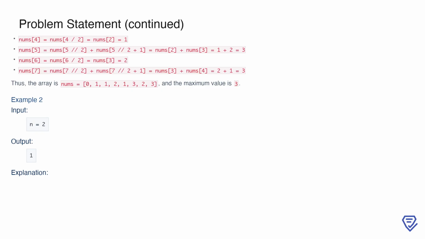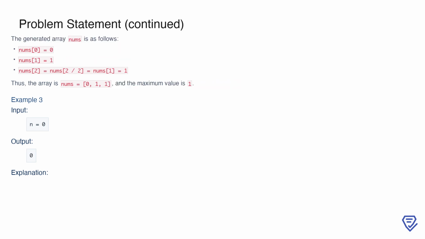The resulting array is nums equals 0, 1, 1, 2, 1, 3, 2, 3, and the maximum value in this array is 3. Now, consider the second example, where n equals 2. Here, the task is to generate the array nums for the smaller value of n. Starting with the rules, nums[0] equals 0 and nums[1] equals 1.